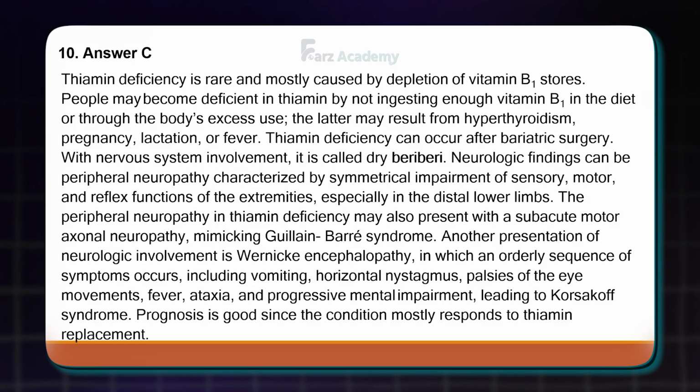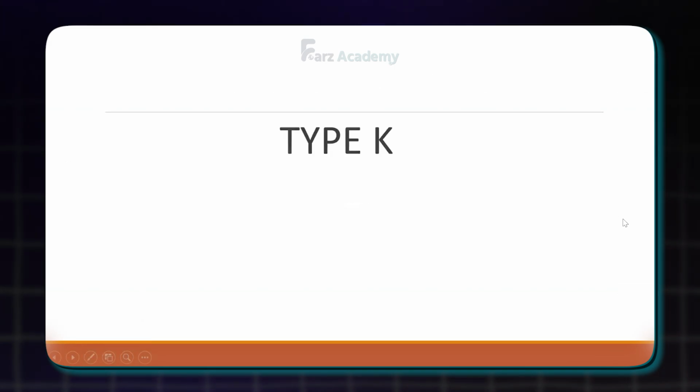So it's very typical B1 deficiency, Wernicke's encephalopathy, in this patient having nystagmus, which was given in the options. So the replacement that needs to be done is B1. Thiamine was the answer in this question.